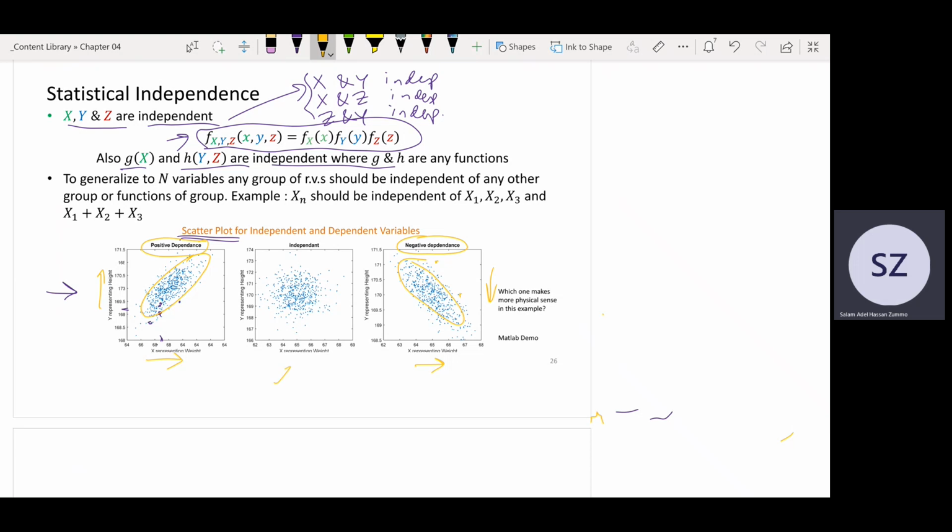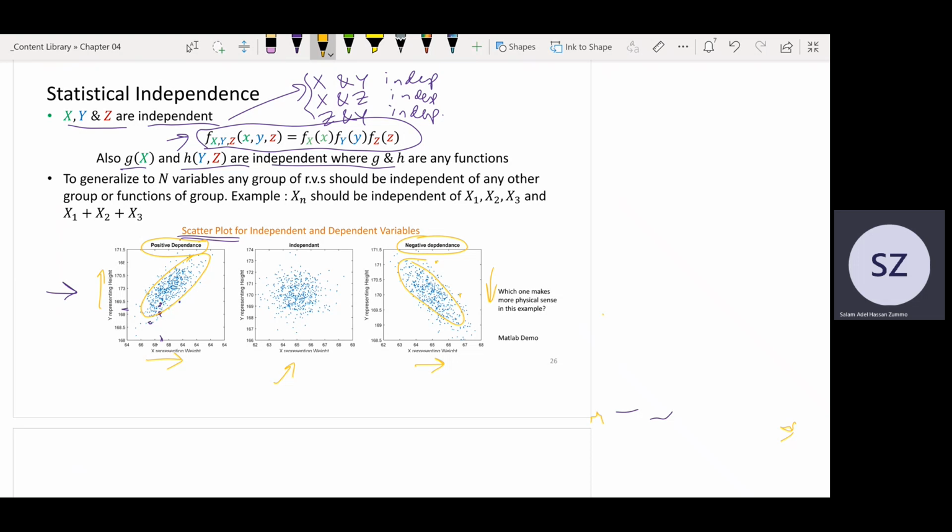What about here? What do you think? واضح انه ما في علاقه واضحه. ممكن يكون في علاقه لكن at least من السكاتر بلوت هذا واضح لنا انه ما في شيء. ما في behavior واضح. At least هذا الشيء بسيط يعني طبعا هنا احنا we did not plot the PDF, we did not plot the joint PDF, we didn't know anything about these detailed functions. لكن what we know is just data plotted against x and y.